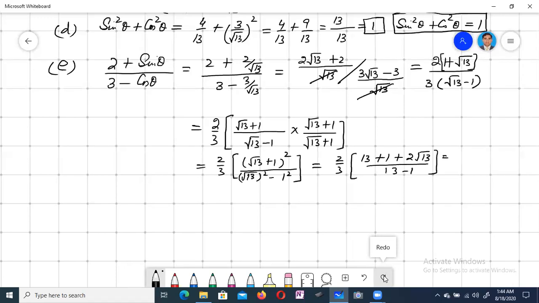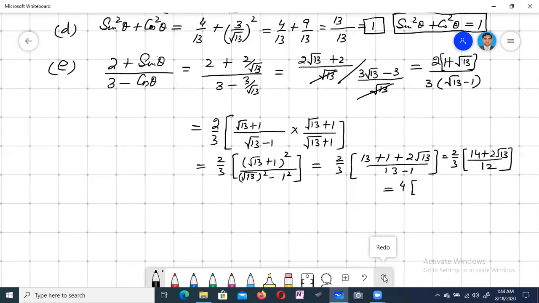Then after that, this 2 divided by 3 as it is, inside the bracket 13 plus 1 is 14, plus 2 square root 13 as it is, divided by 13 minus 1 is 12. Then after that, 2 by 3 is in the start, but from numerator we can take 2 common.